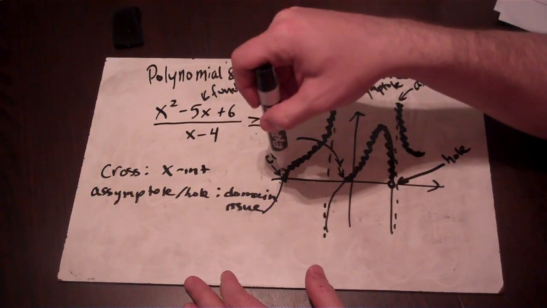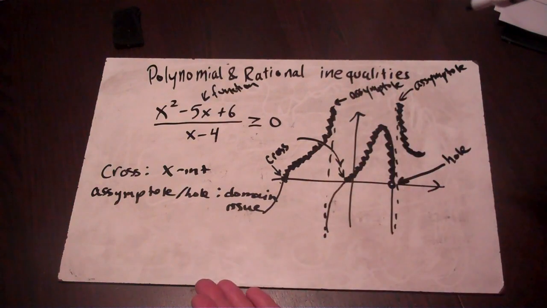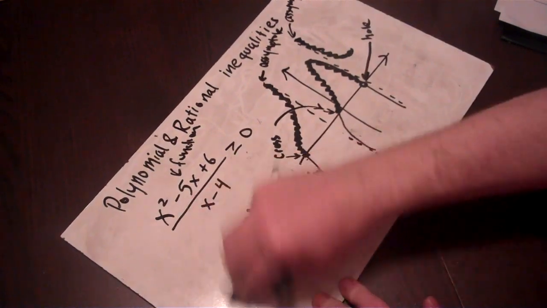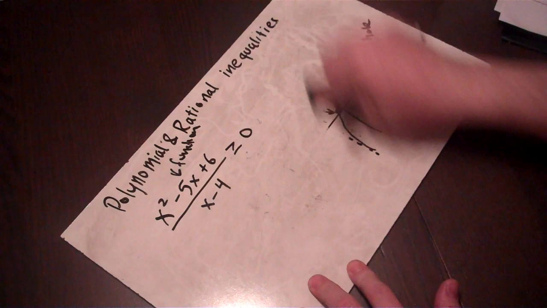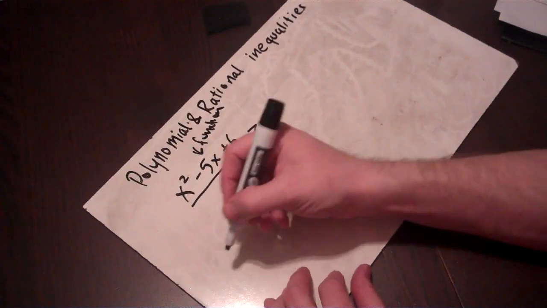And if we know where the endpoints are, then we can just test in between the endpoints to see when are we above the x-axis. So with this example right here, we're going to go through and see if we can figure out what the zeros are and what the holes are, or the domain issues.